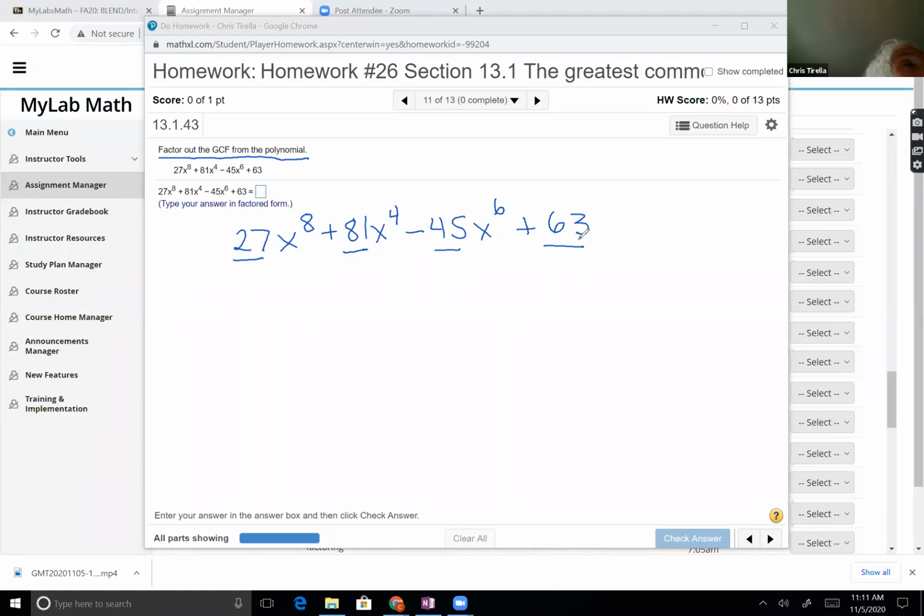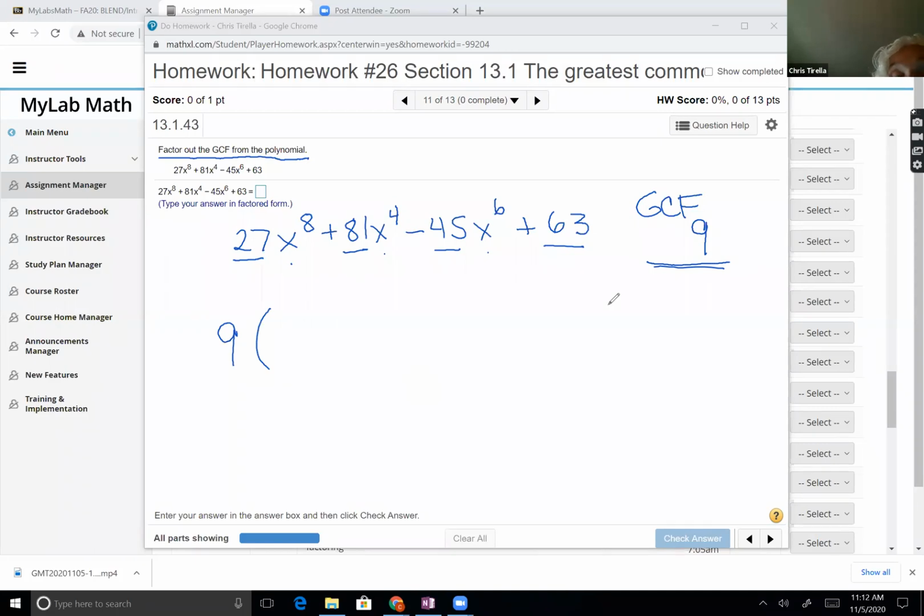Does anybody know offhand the largest number that would go into all 4 of those evenly? 9. So my greatest common factor numerically is 9. Now, in terms of the variables, you see how this last one doesn't have an x? So that's not going to be a common factor.